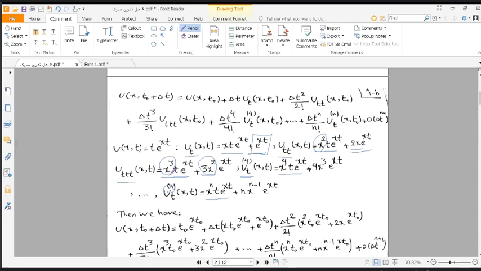And for the nth derivative of u with respect to t, the second term is n x to the power n minus 1 e to the power xt. This is the rule for the nth derivative of u with respect to t. Okay, very good.